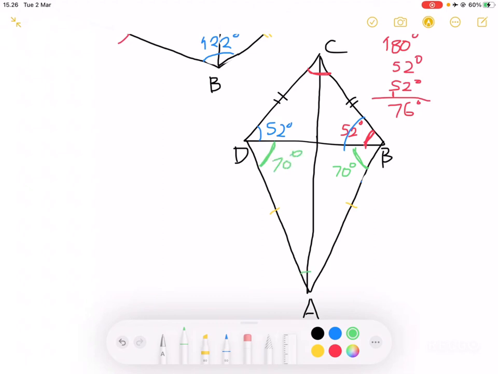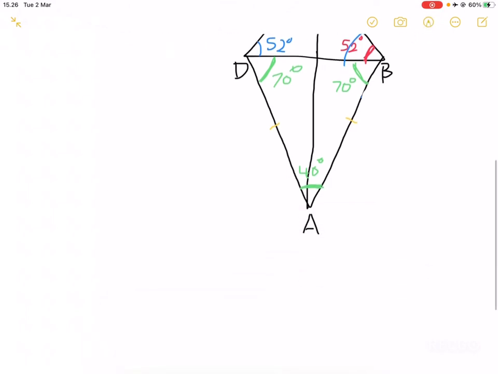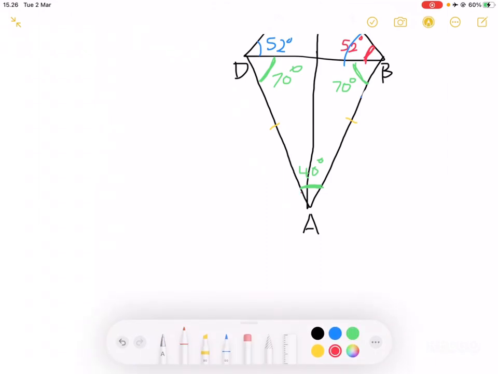And then we can calculate this angle BAD to be 180 degrees minus 70 degrees minus 70 degrees, which is 40 degrees. And we're not quite done yet, because we need to find the reflex of this, which is pretty simple. You can just find that this will be equal to 360 degrees minus 40 degrees, which is 320 degrees.